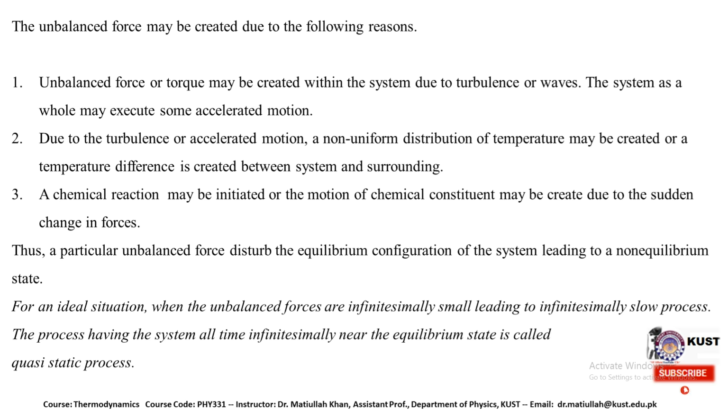When some unbalanced force is applied on the system, the equilibrium configuration is disturbed. We assume for the quasi-static process that if the change in the system is infinitesimally small, the process will be infinitesimally slow, and as a result the system may remain in equilibrium configuration. Such a process is called a quasi-static process.